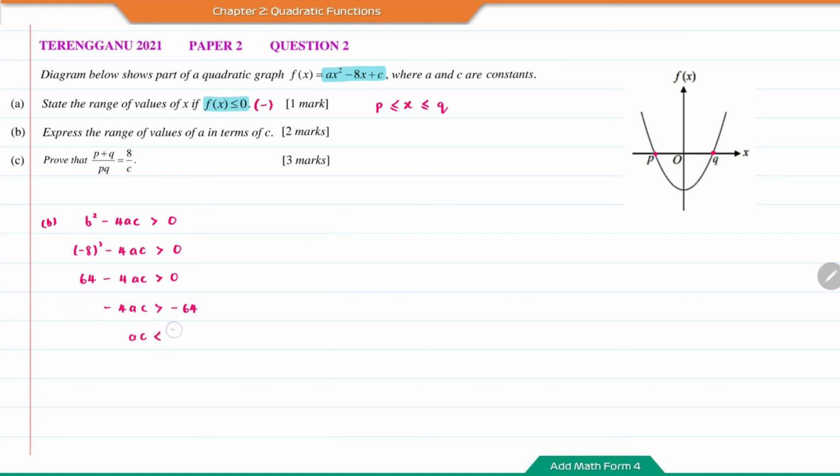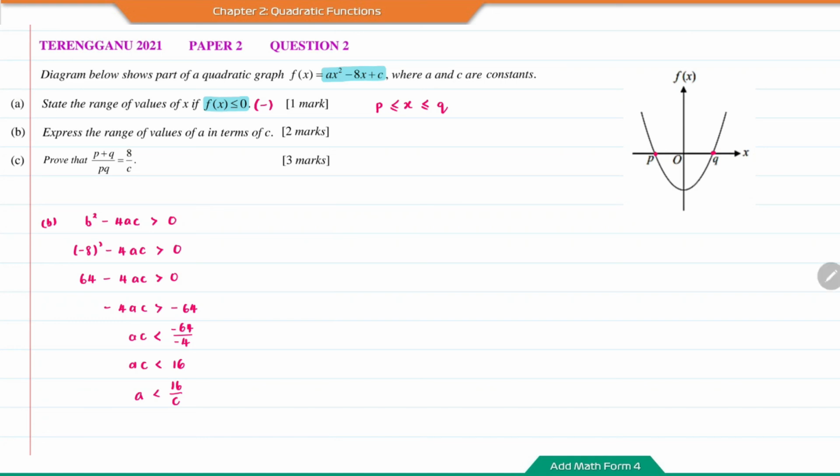So it's going to be less than negative 64 divided by negative 4. So here I'm going to have a positive 16. So a is less than 16 divided by c. That will be the range of the value of a when we express it in terms of c.